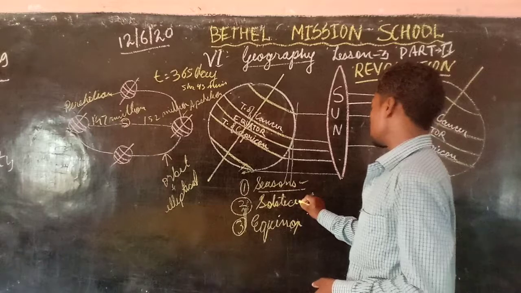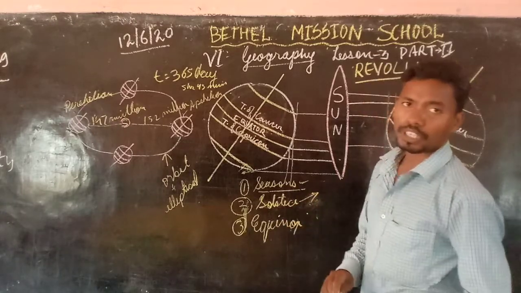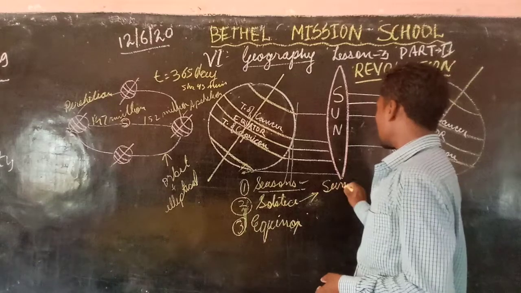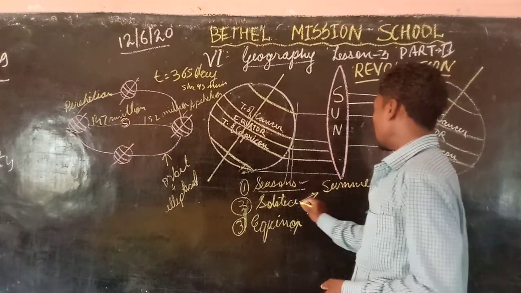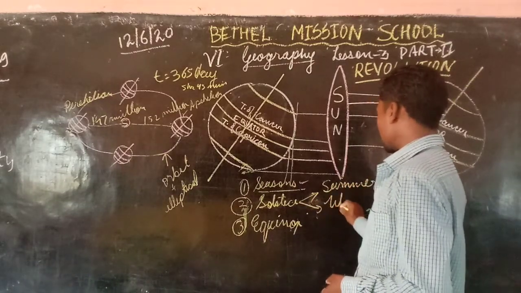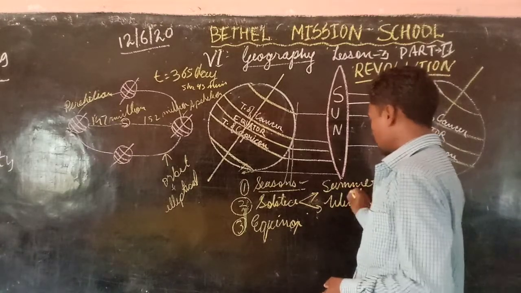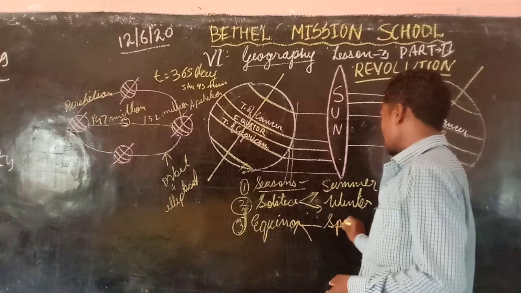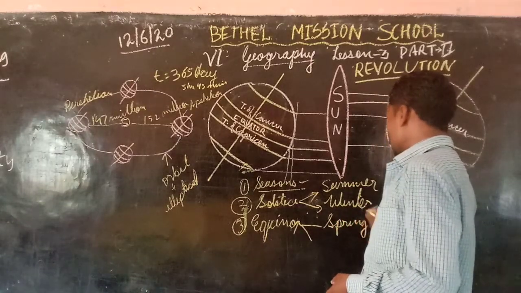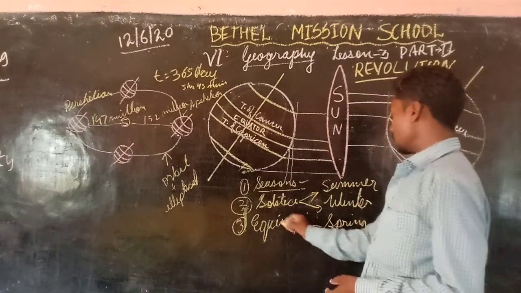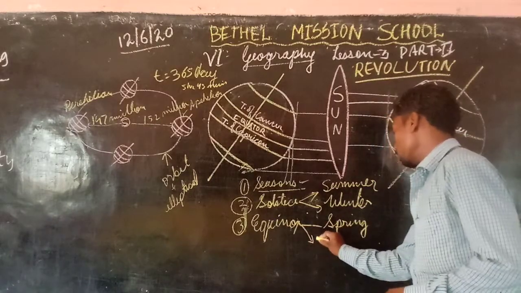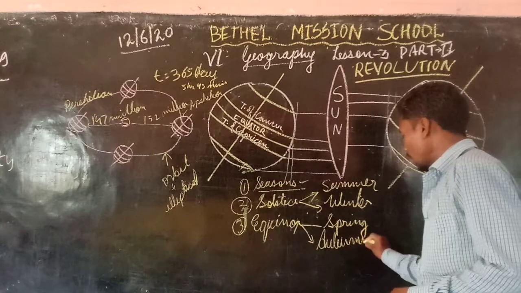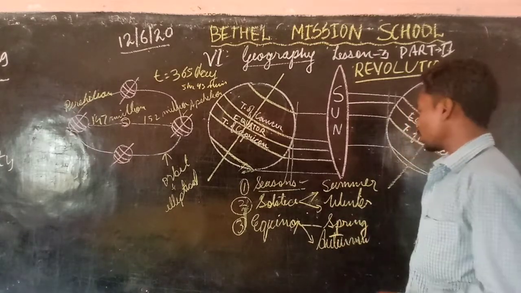The solstice is of two types: one is summer and another is winter. And equinox also we have two: one is spring equinox and the second one is autumn equinox.